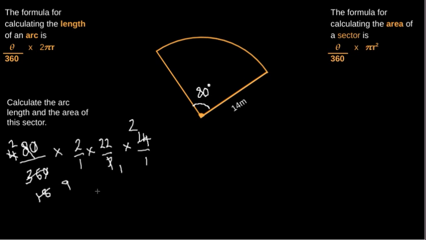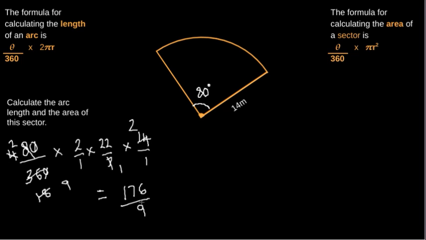Okay. So this will all be equal to 2 times 2, 4, 4 times 22, 88, 88 times 2, that's 176, sorry. 176 divided by 9.